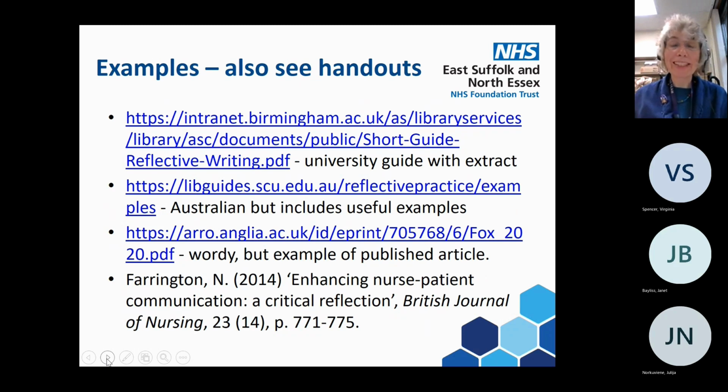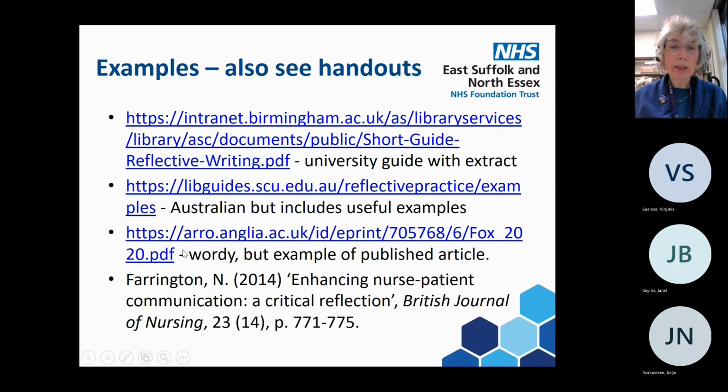So some more examples. The University of Birmingham have guidance on reflection with extracts. The Southern Cross University in Australia, they give different levels of reflective examples, which are actually useful, but I wasn't sure about copyright, so I haven't used them here, but I do refer to them.